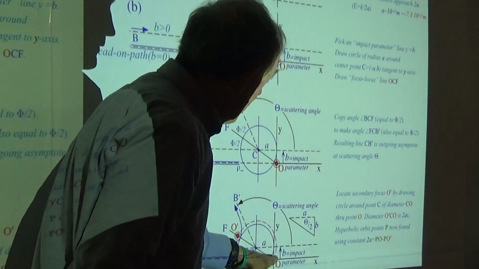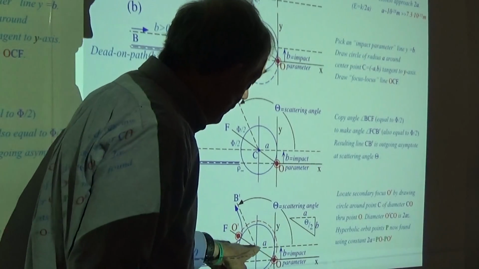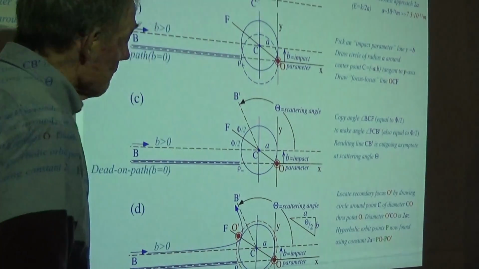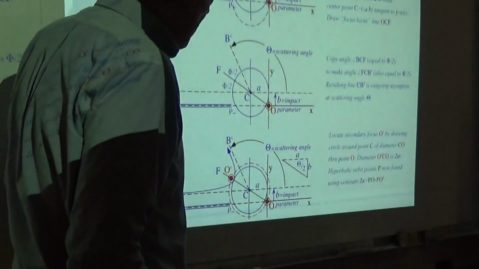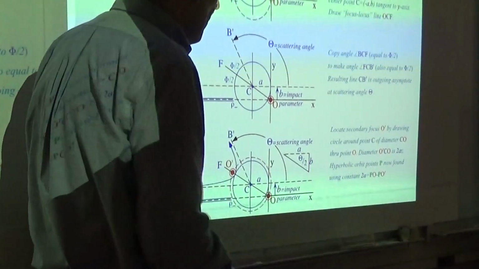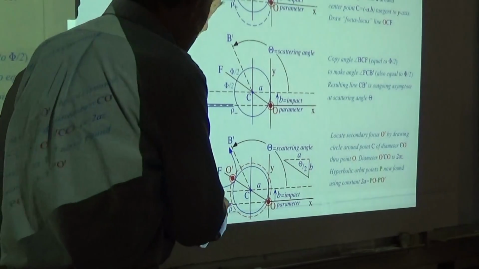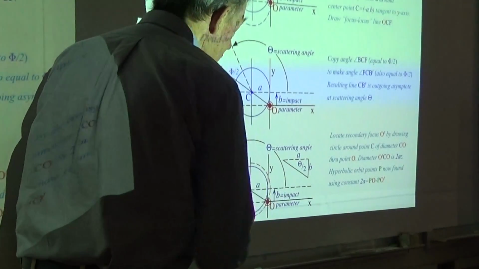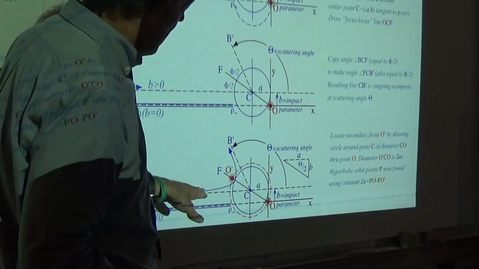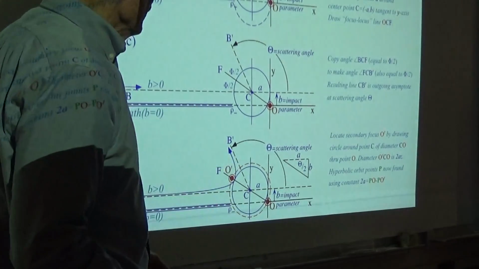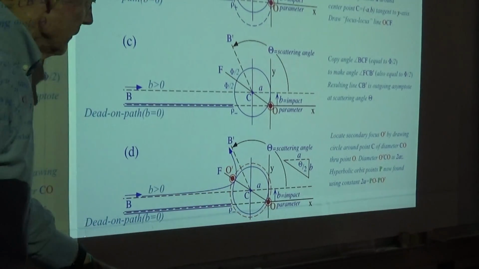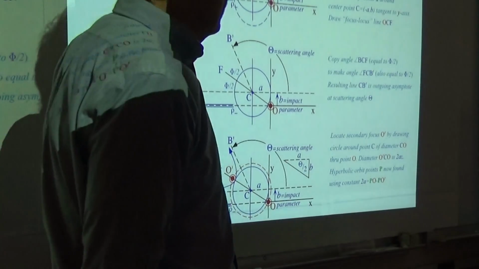So we know the two foci are balanced around the center of the orbit. And then the next step is, which we'll draw pictures of, just to make everybody in the class go ahead and construct from these two foci the actual hyperbolic points, say a dozen of them, and that's what we'll show pictures of in just a minute here.